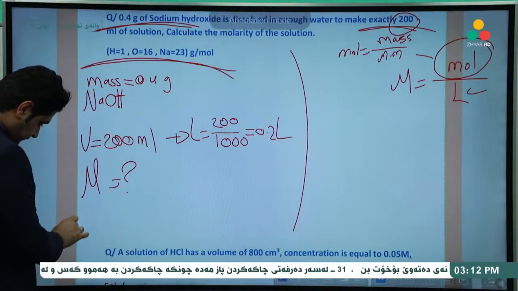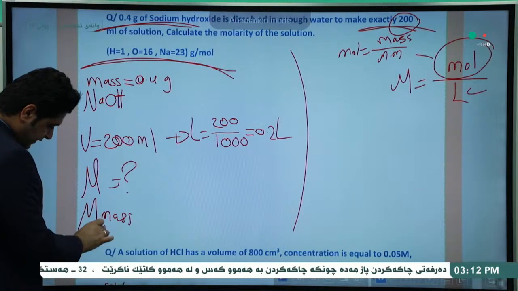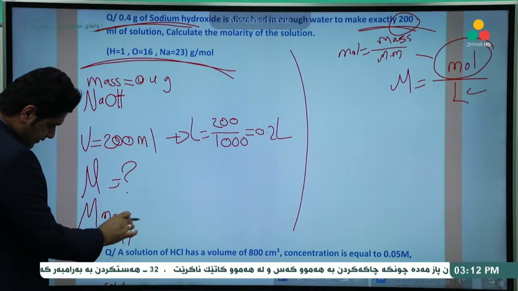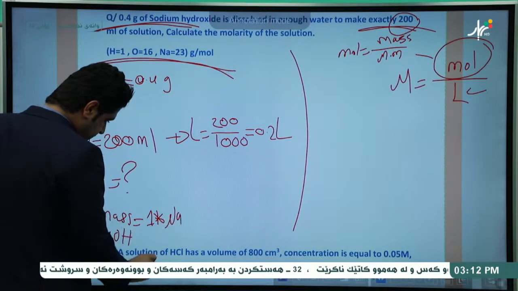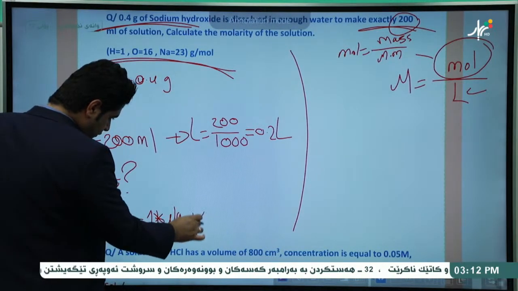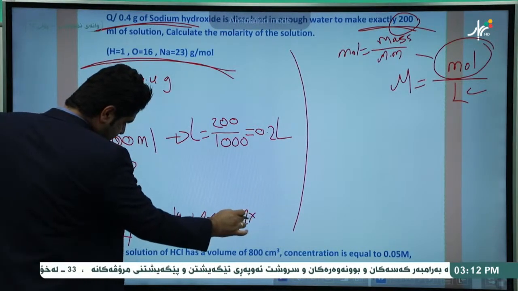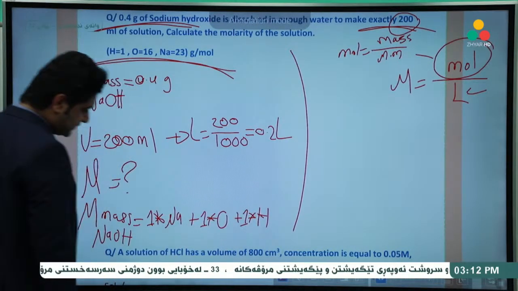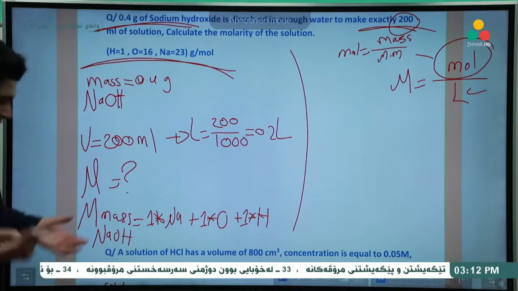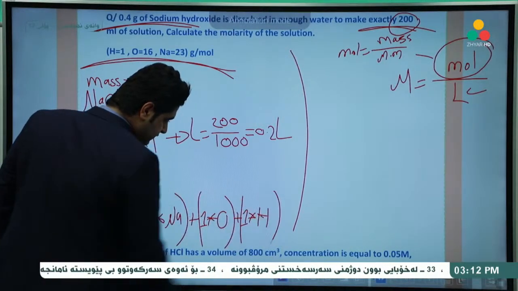Molar mass of NaOH is equal to 1 times Na plus 1 times O plus 1 times H. And substitute each atom by its atomic mass, by its atomic weight.